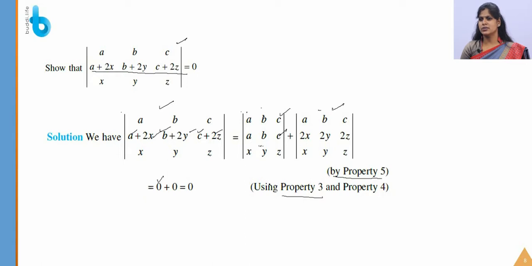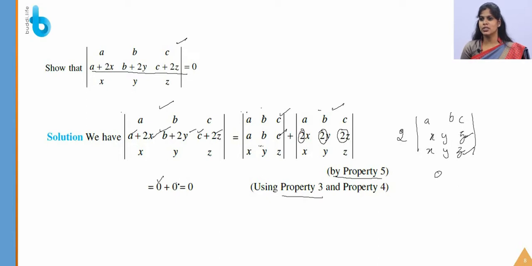And look at this value. Yes, see, here we are using property 4. It is a constant value, no? So this can be expressed as 2 into A, B, C, X, Y, Z and X, Y, Z. See again, two rows are identical, so this value also will become 0.